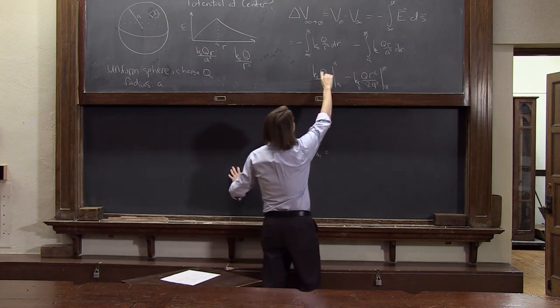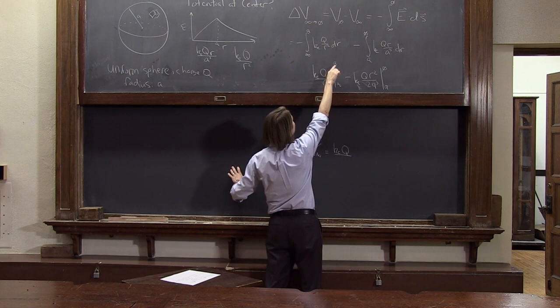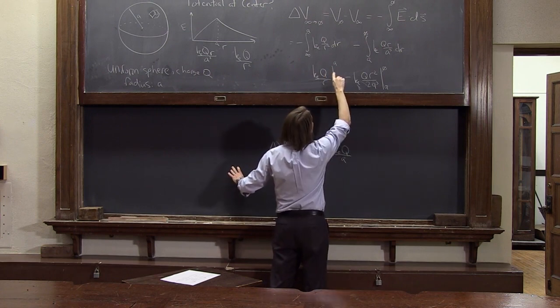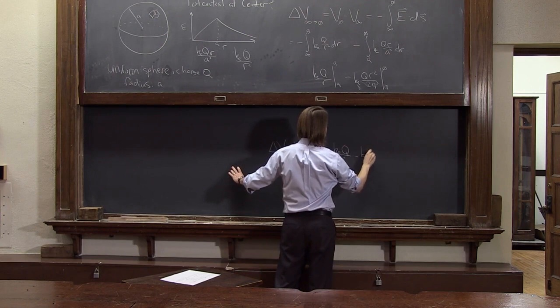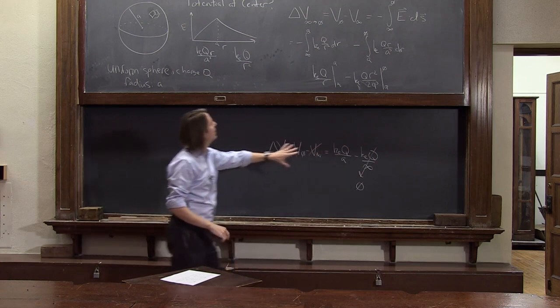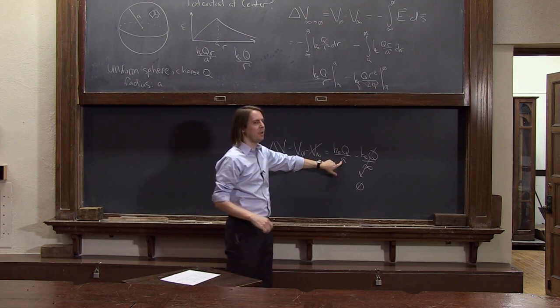So here, this is KEQ over R. KEQ over, we plug in the A, so over A, minus KEQ over infinity, but that's of course 0. So there is the potential of the point charge if we go just to the point A.